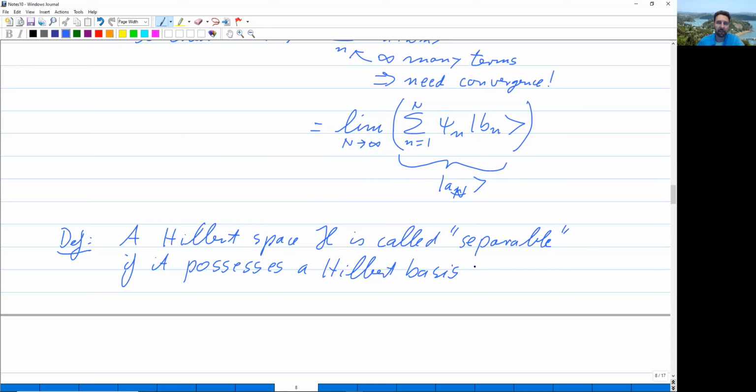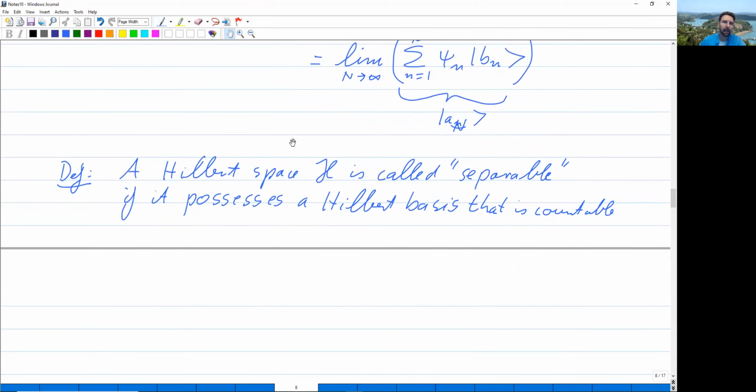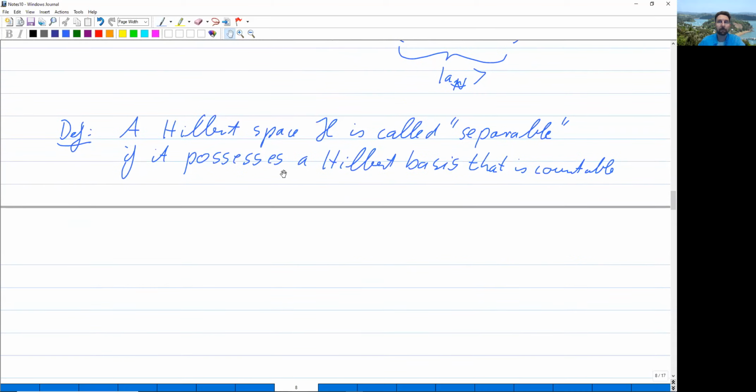If it possesses a Hilbert basis that is countable. Not all Hilbert spaces have Hilbert bases that are countable.